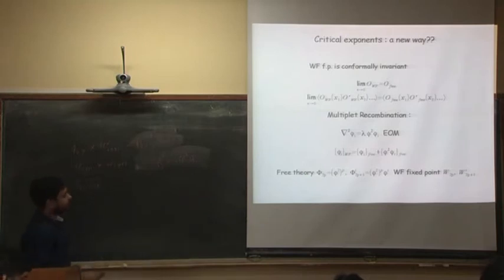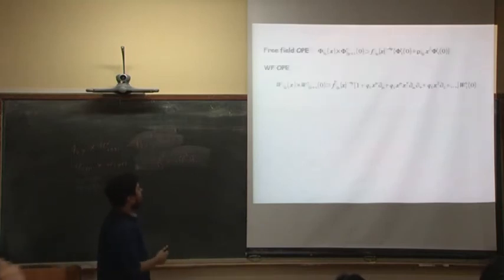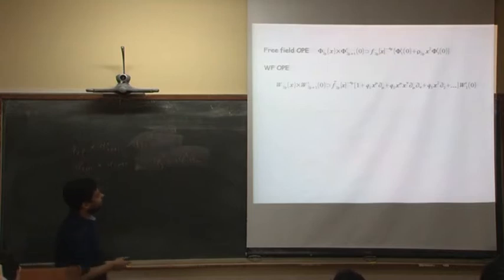On the other hand, in the Wilson-Fisher OPE, so this was the free field part. On the other hand, in the Wilson-Fisher OPE, I have now taken into account the fact that they are related to each other by some equation of motion. So basically I will write this.